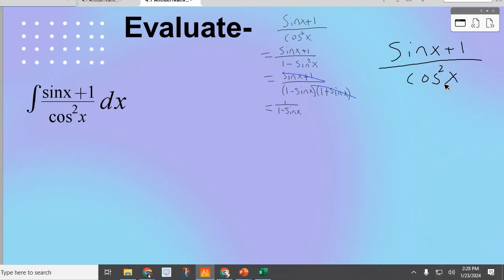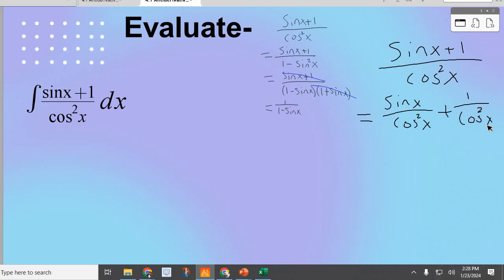So, I have two things here on top, yeah? If I have one thing on bottom, can I separate this into two separate fractions? Yeah. We're okay with that. Yeah?